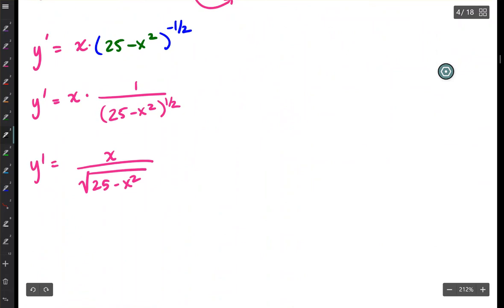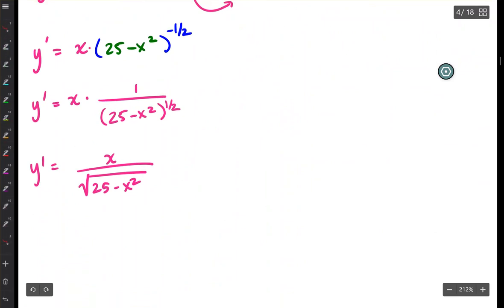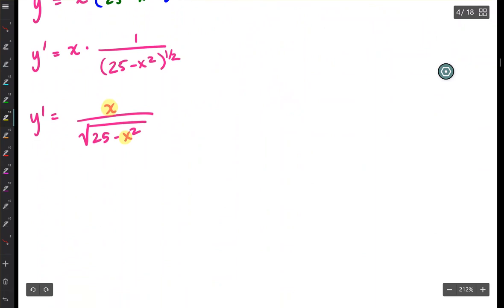I'm going to plug in 3 for x, and then I will have my slope.